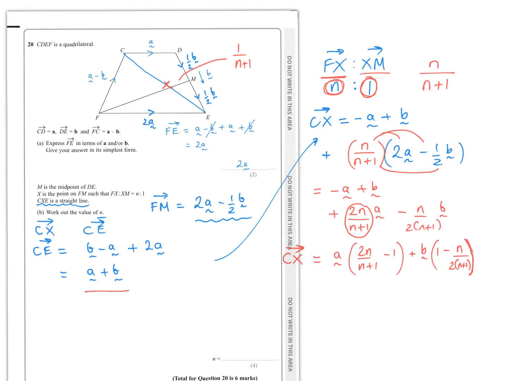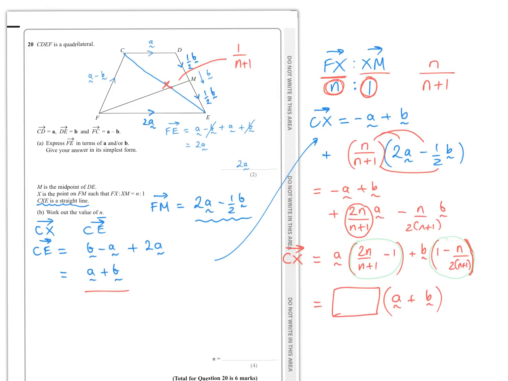Now, if we wanted to just get a plus b on this right hand side and take out something, can you see, to get that to happen, this and this would have to be the same number.